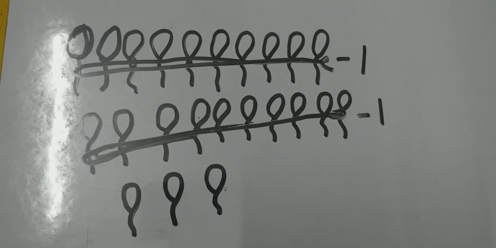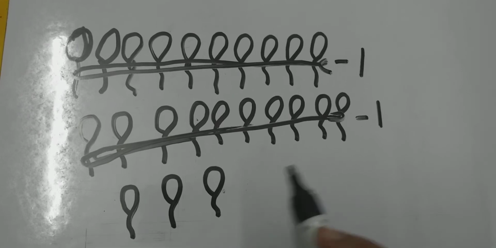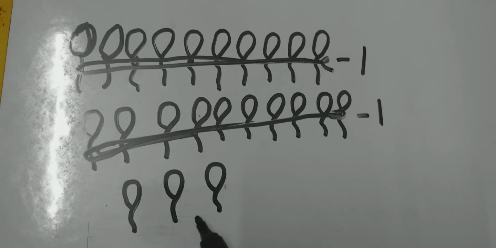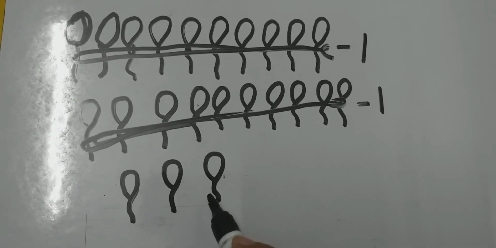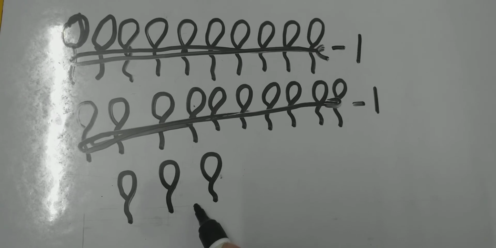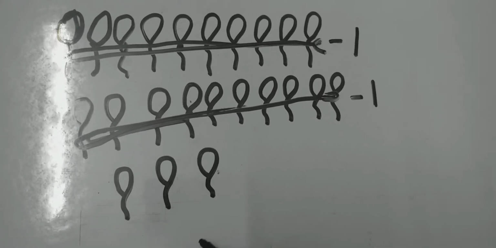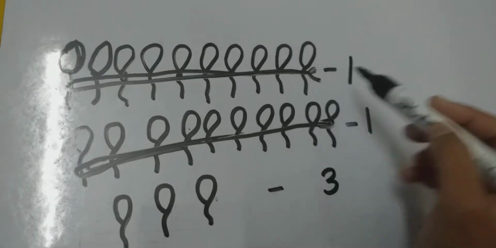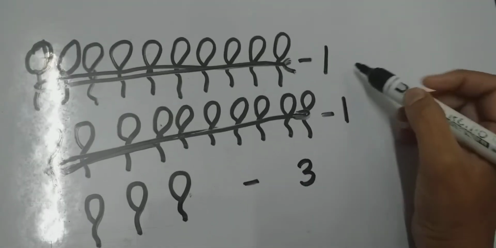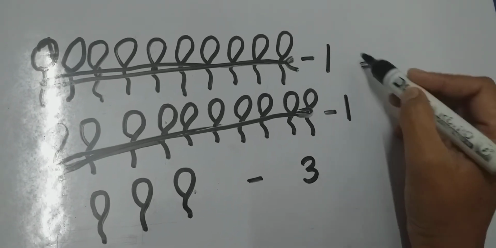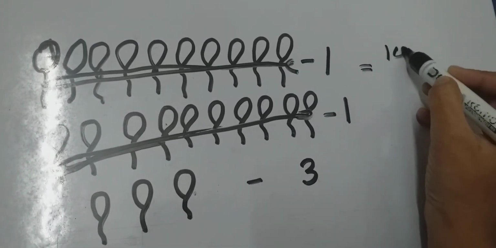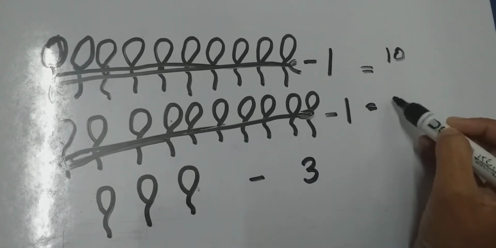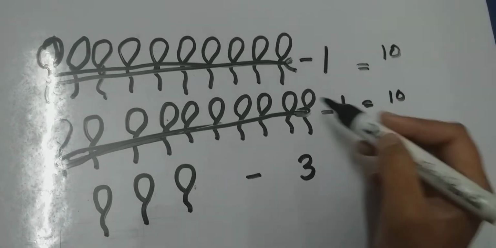Okay, because when we have less than 10 numbers, we cannot make a bundle. So there are 3 balloons. Okay, 2 bundles means 1 bundle of 10 balloons and 1 bundle of 10 balloons means 20 balloons.